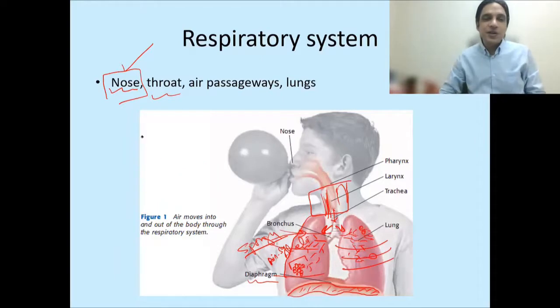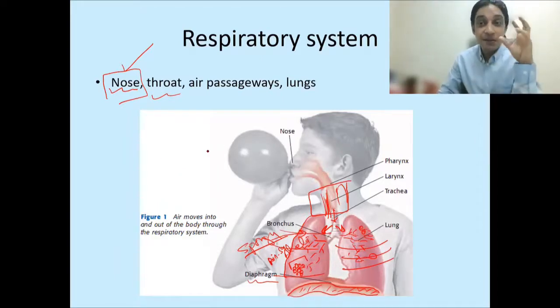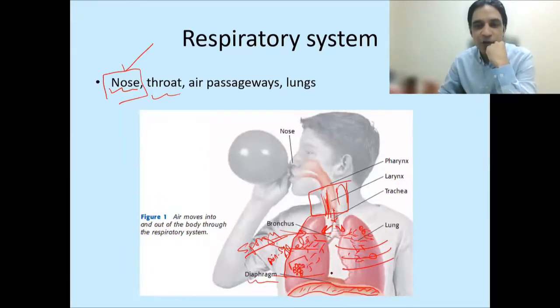And interestingly, many of us believe that the lungs can contract and they can relax. Please be very honest and let me know how many of us believe that the lungs can contract and relax. Just be very honest in your approach.